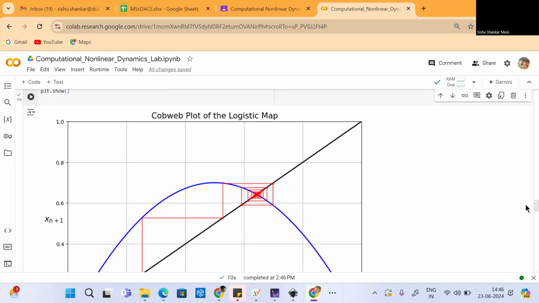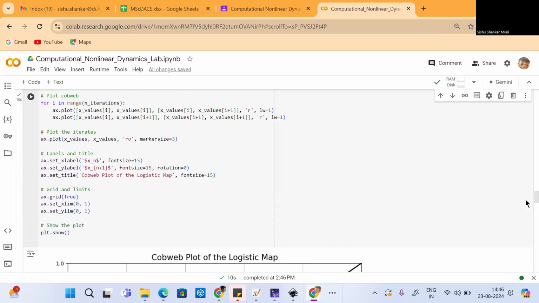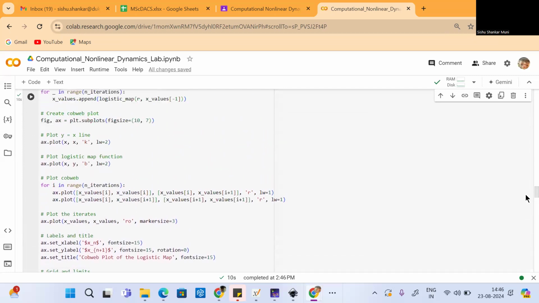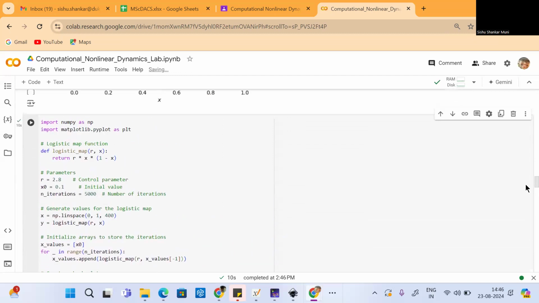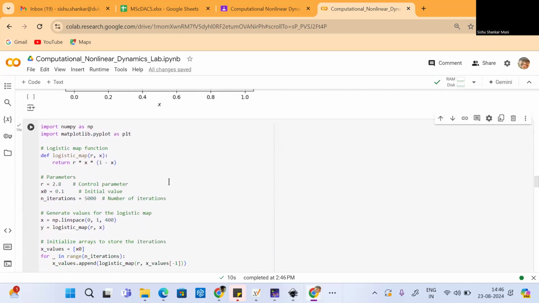It is a bit difficult to see because you are considering the transients also.